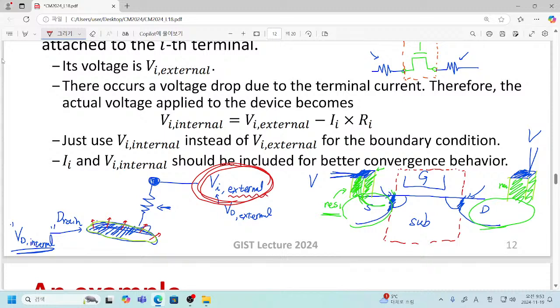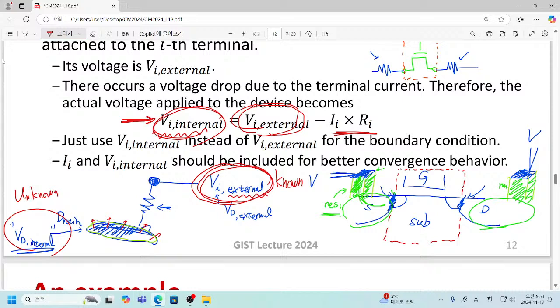So we need a certain relation between our known external voltage and the unknown internal voltage. By computing the voltage drop between the internal and external using the terminal current, we can easily obtain this internal voltage. So are you with me?